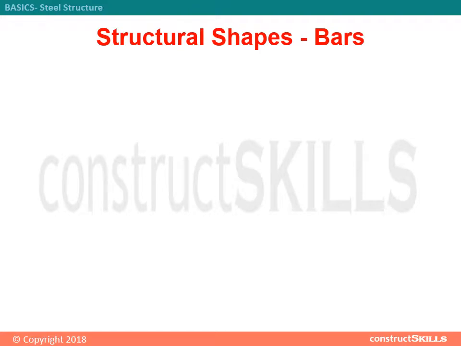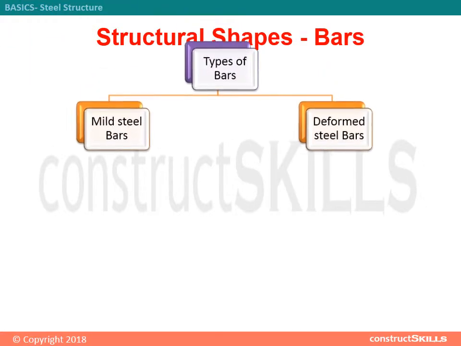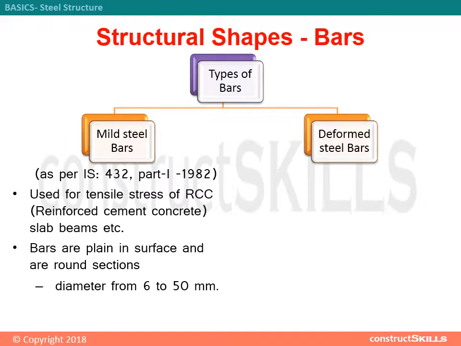Structural shapes, bars. Types of bars. There are two types of bars. First is mild steel bars, as per Indian Standard 432, Part 1, 1982. It is used for tensile stress of reinforced cement concrete slabs, beams etc. Bars are plain in surface and round in section.